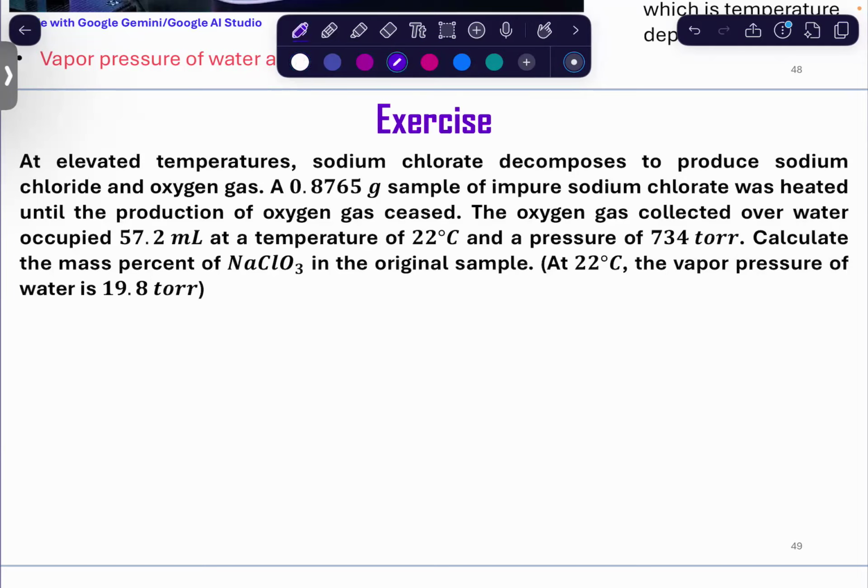All right, so we're being asked for that. Let's see, our mass of impure sodium chlorate, 0.8765 grams.